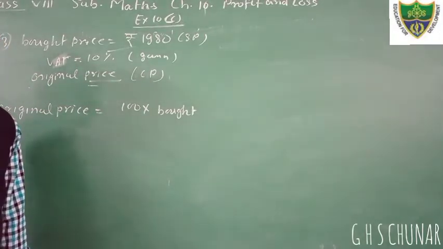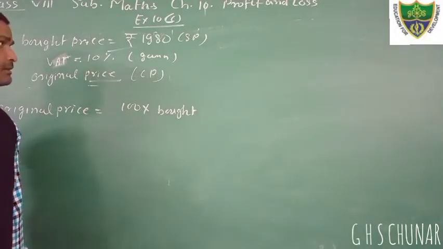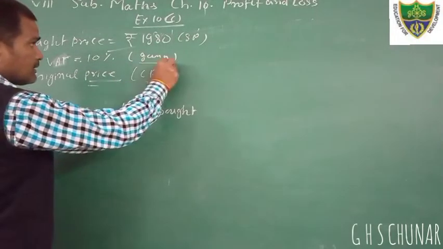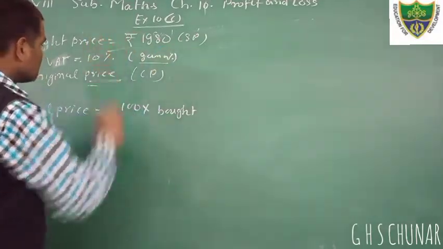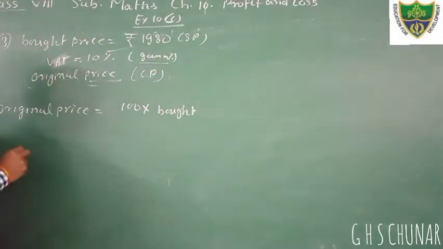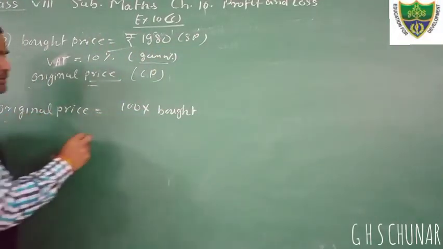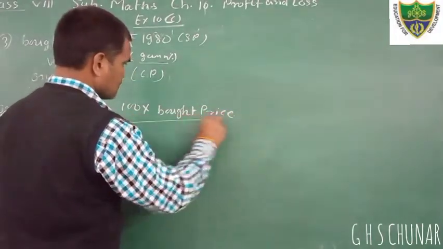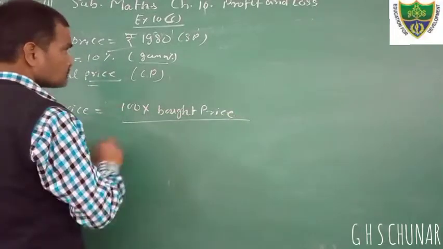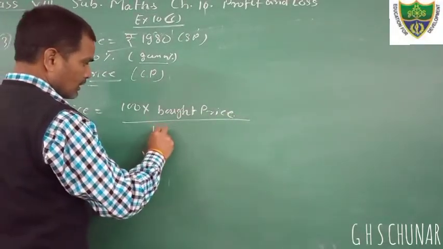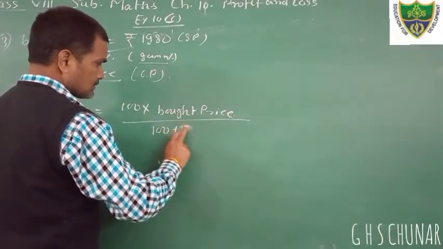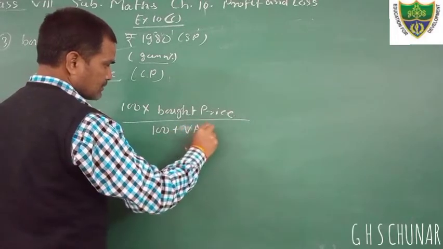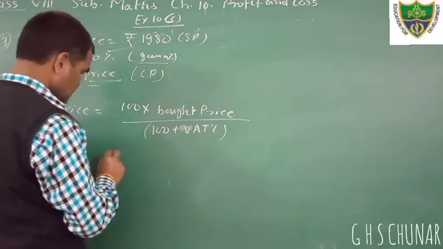Here VAT will be included, that will be added, like gain. Now we will apply the formula: original price is equal to 100 into bought price upon 100 plus VAT percent.